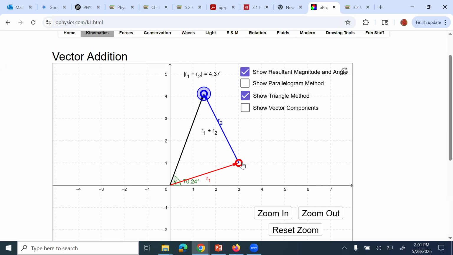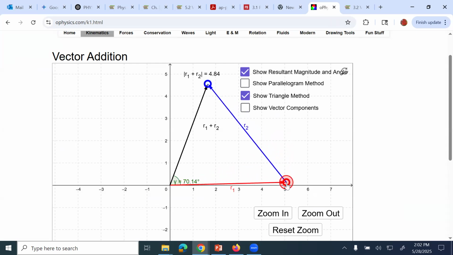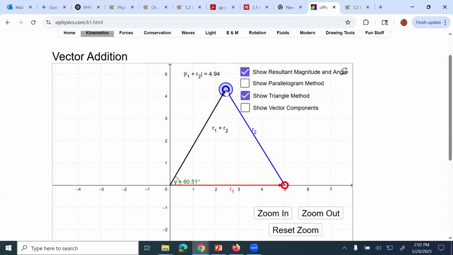You can also change the length. So here I change R2, then this length will be the resultant vector. For example, it is 4.48. If you change the angle, the resultant will keep changing. So look at that. You have to play with this if you like. This is a great tool to play with.